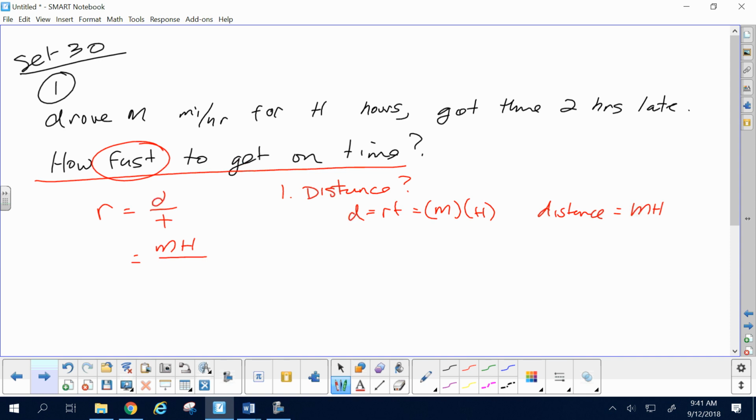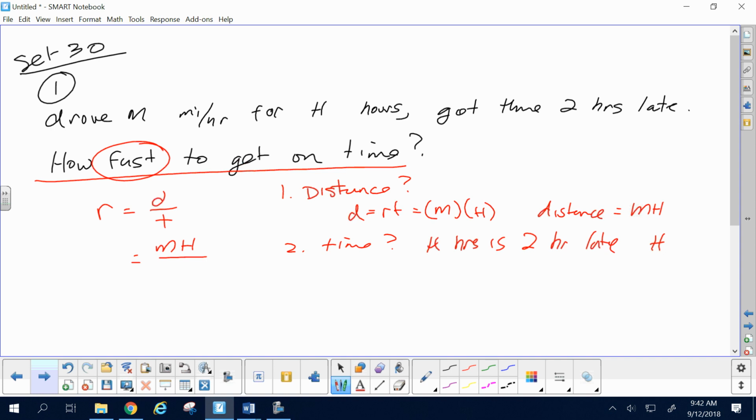Cool. Now, I also need to find the time. It says the first time they did it in H hours, but they got there 2 hours late. So if I want to get there on time, if H hours is 2 hours too late, then what should the time be? H plus 2 or H minus 2?